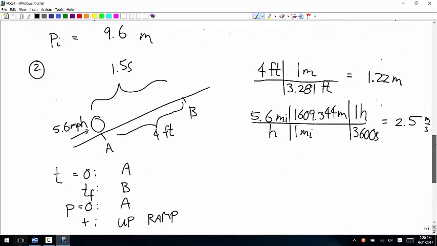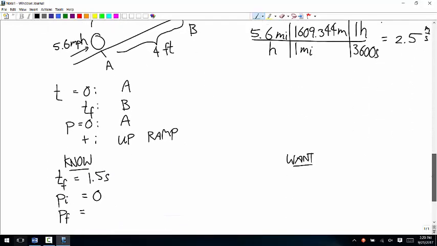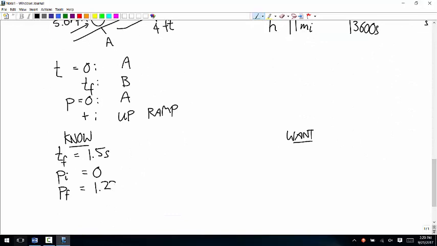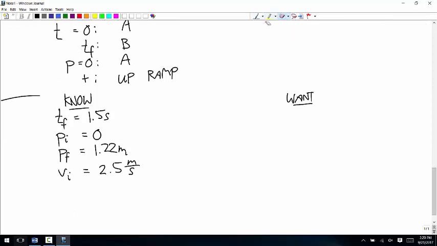So that was 1.22 meters. Do we know initial velocity? Yep, that's 2.5 meters per second. Final velocity, we don't know. And the first thing we want to find is the acceleration.